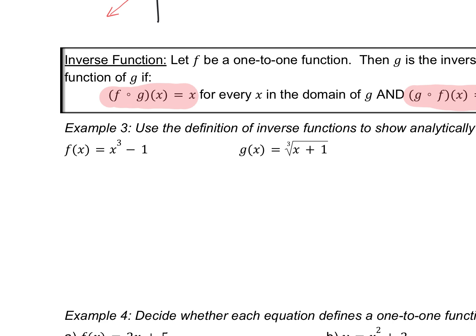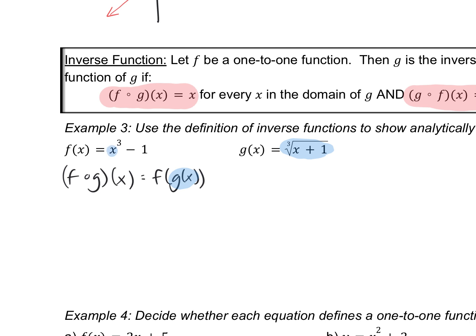Tangent, yes. Okay, so I am doing f of g of x, which is the same thing as f parentheses g of x, okay? We are taking our value of g of x, this thing right here, and I am plugging it in for what? Where am I plugging it in for the function f of x?